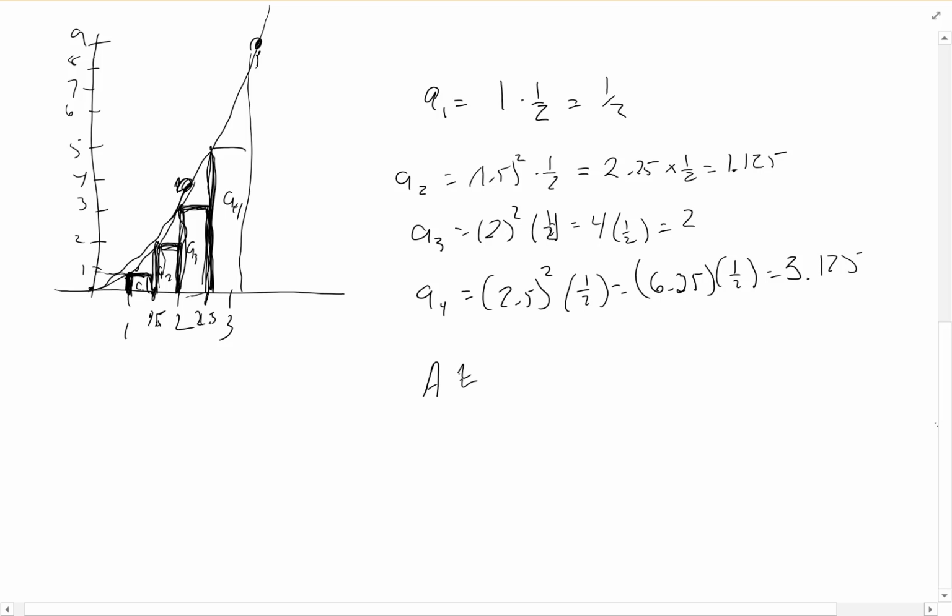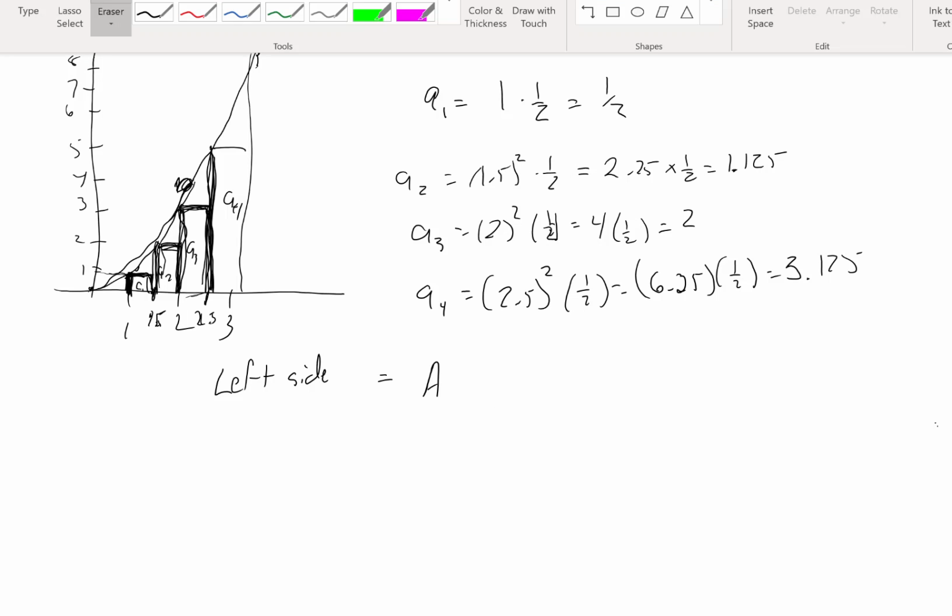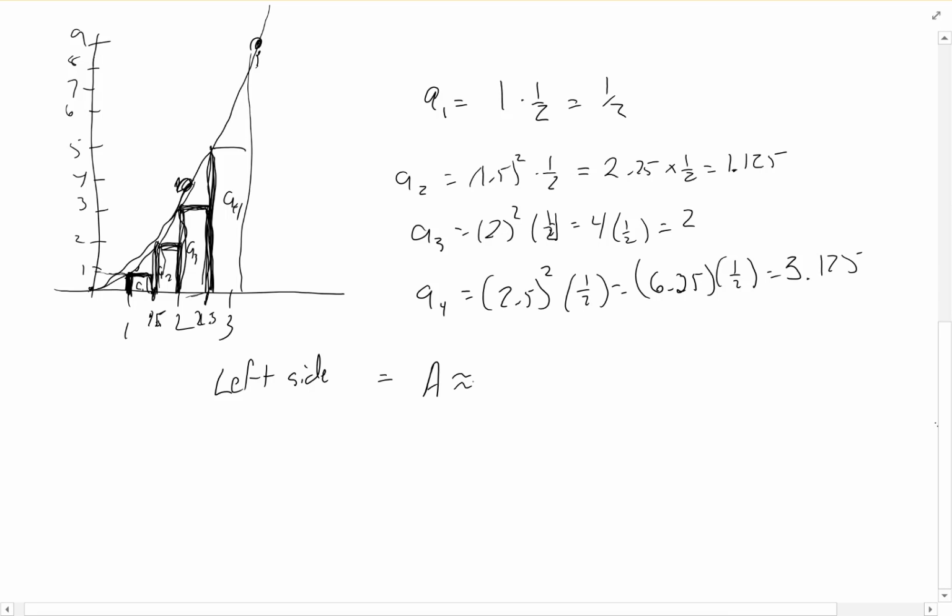And so this approximation using the left side approximation would be, my area is approximately 1/2 plus 1.125 plus 2 plus 3.125, which is 6.75.